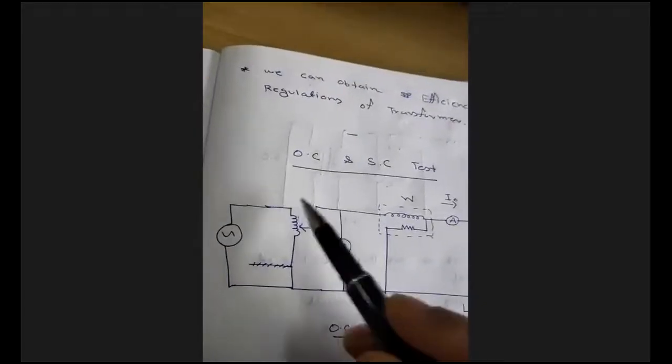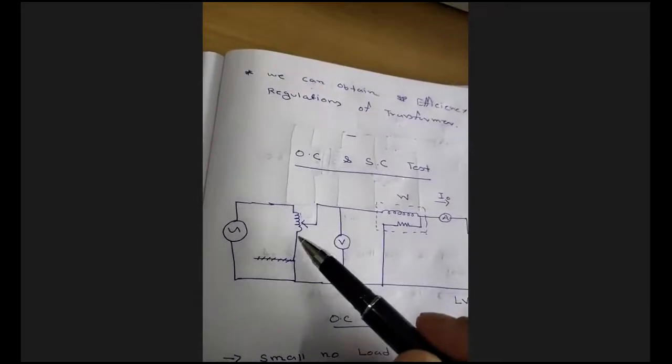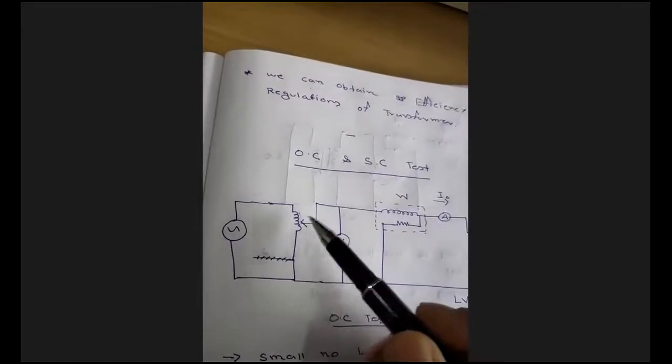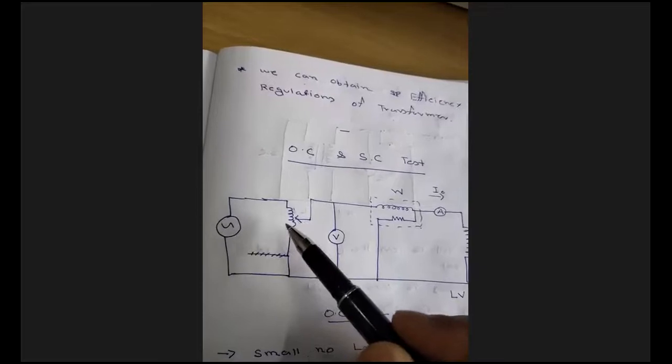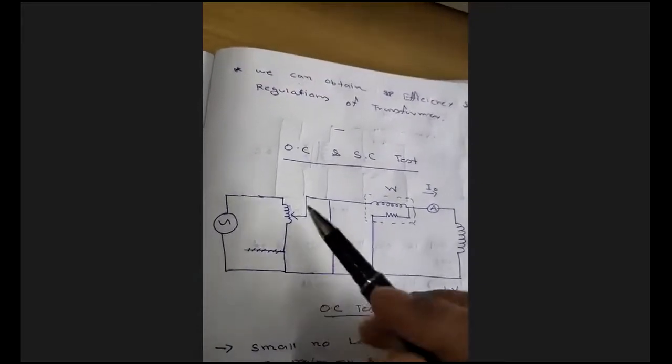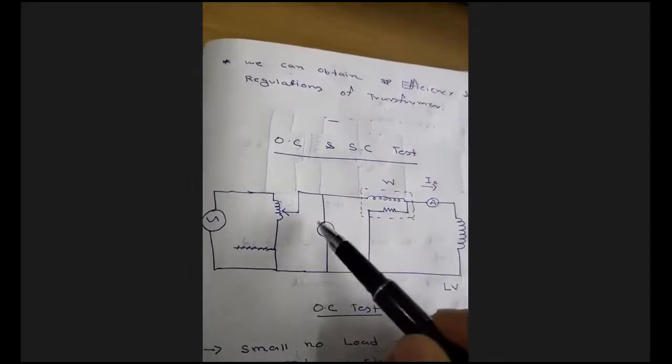We are using the auto transformer because we need to control the voltage. That means if the voltage is 230 volt, then using this auto transformer we can vary the input voltage.